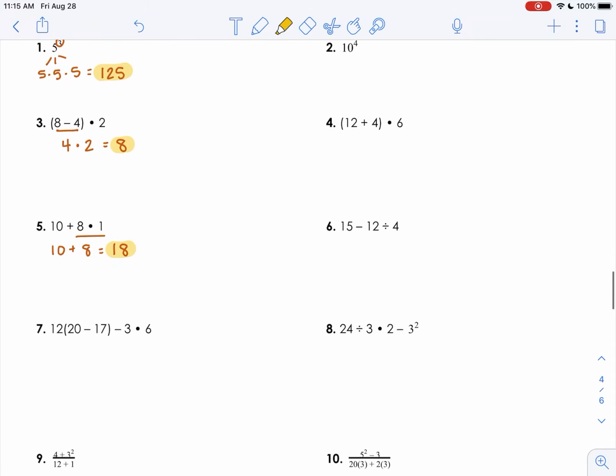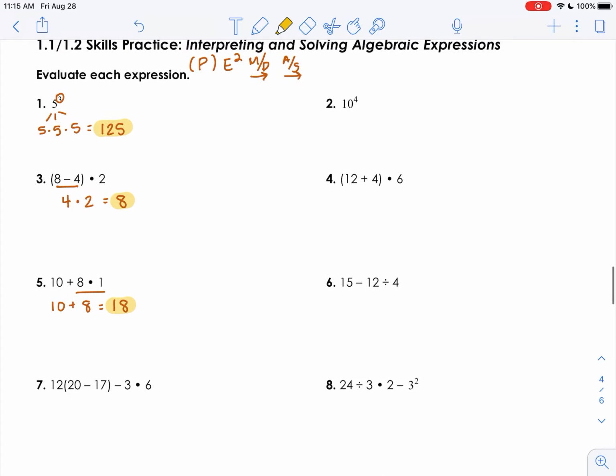The next problem is 12 times the quantity 20 minus 17 minus 3 times 6. So first I'm going to solve whatever is in the parentheses. 20 minus 17 is 3. I'm going to keep that in parentheses, and it'll be multiplied by 12. I'm going to drop down minus 3 times 6. Next, even though there are parentheses here, I'm just using that to show that we're multiplying.